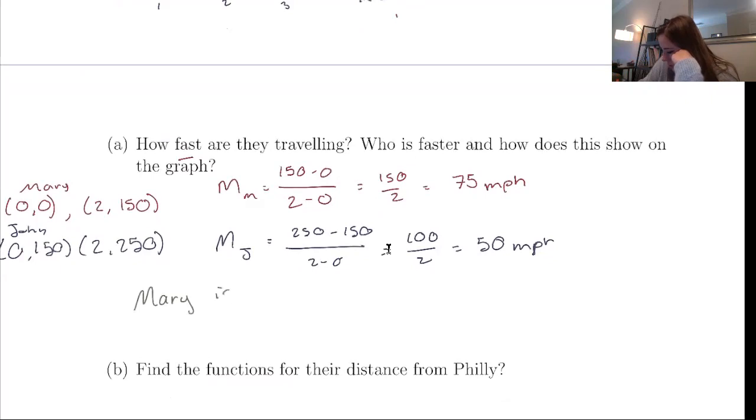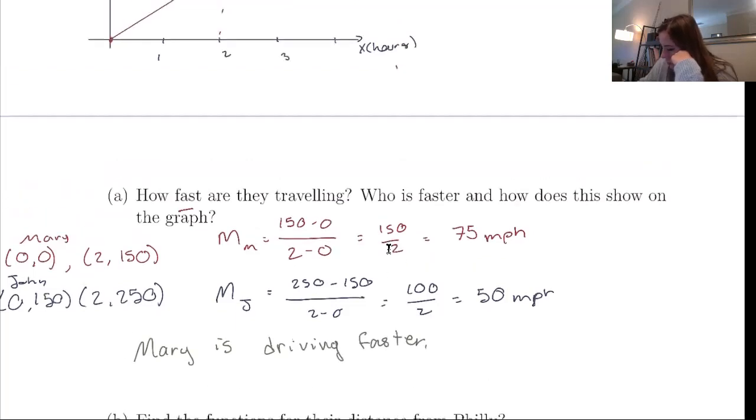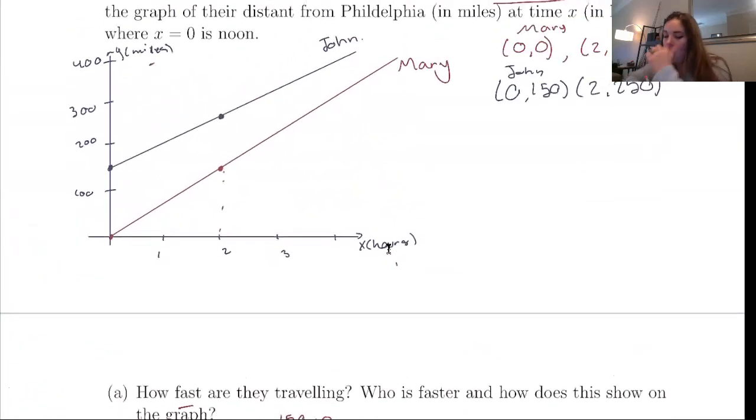So Mary is driving faster. And how does this show up on the graph? If we look at this graph again, knowing that Mary is driving faster than John, right? It's a steeper incline.